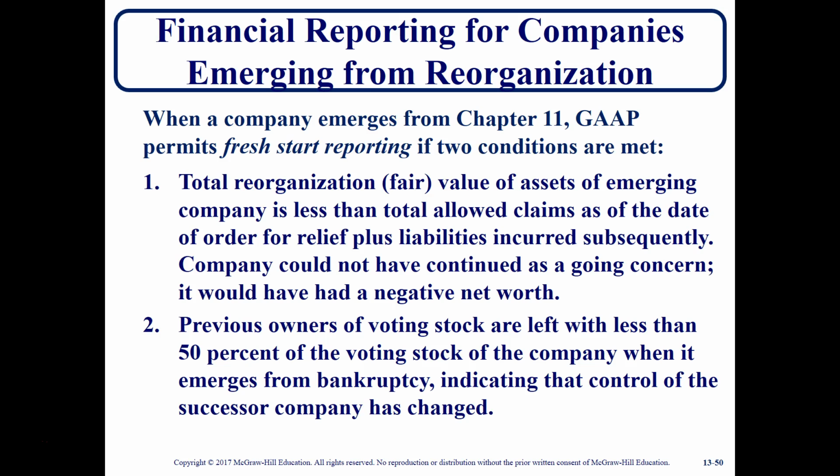The company could not have continued as a going concern. It would have had a negative net worth. Second, previous owners of voting stock are left with less than 50% of the voting stock of the company when it emerges from bankruptcy, indicating that control of the successor company has changed.